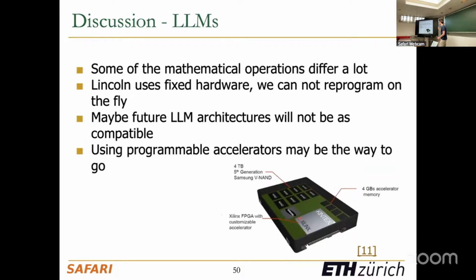One thing to note is that the internal bandwidth between the NAND flash and the FPGA is not very high. It's in gigabytes per second, but not in the hundreds of gigabytes per second. This means that if we want to run large LLM inference, we still would need to use Lincoln flash to be able to use these GEMV engines. This could also be used to calculate the self-attention and the activations of Lincoln, so it could totally replace the NPU in these architectures.